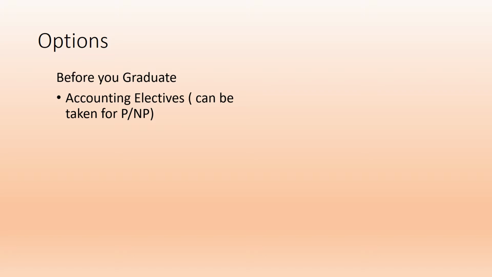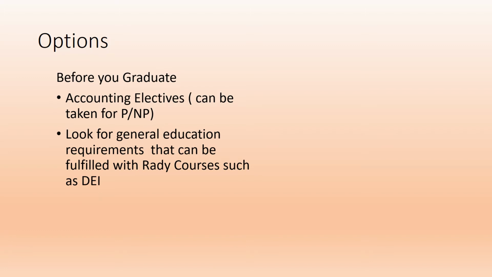Note that because these are not going to be courses that you're going to be using for your minor, you can take them for a pass no pass because the CBA does accept courses being taken for pass no pass. Then we also recommend that you look at your general requirements to see if you can fulfill any of them with Rady courses. This will give you the opportunity to double dip between your college requirements and your CPA requirements.